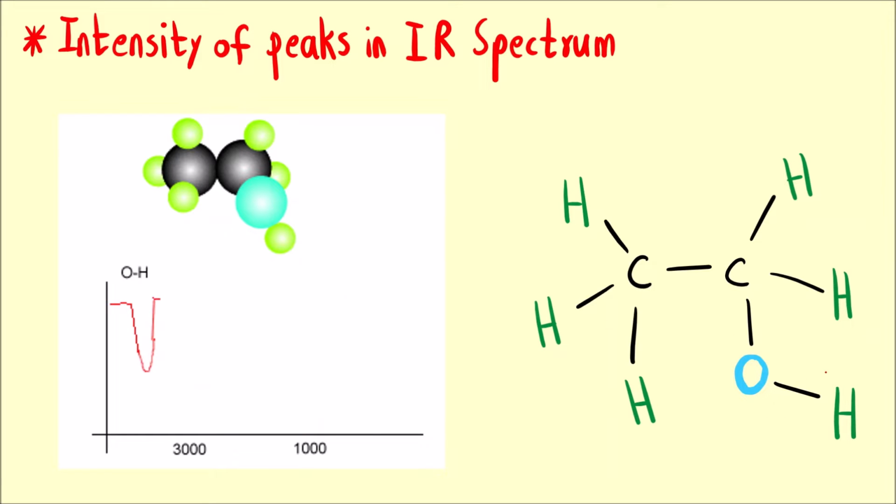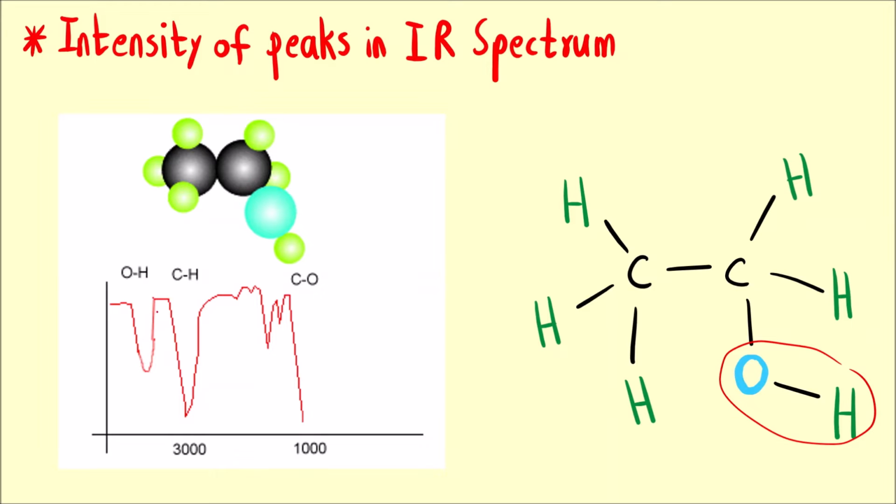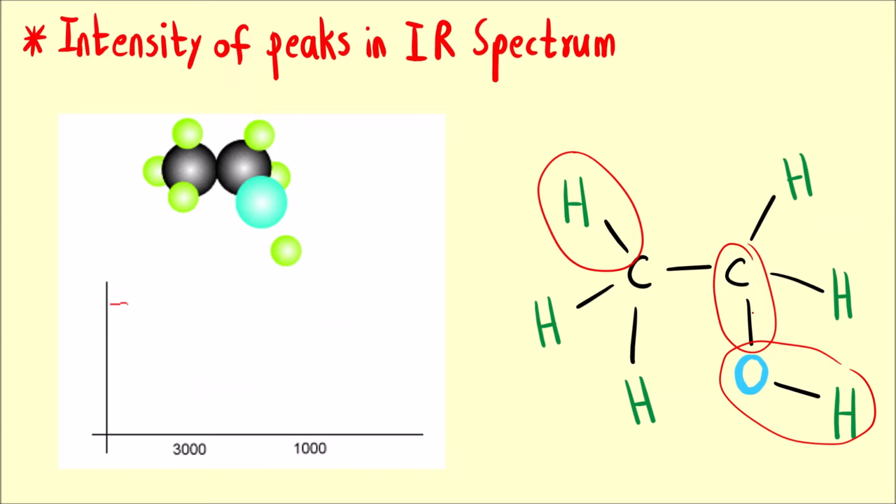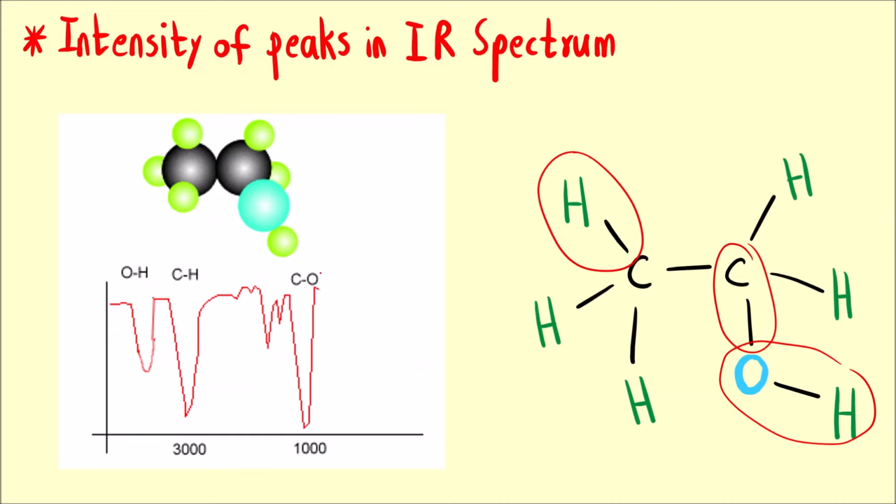As the OH bond vibrates, you can see we got a peak for OH. Then as the CH bond vibrates, we get the peak for CH. And then at the end the CO bond vibrates, we get the peak for CO. So this is OH, then CH, and then the carbon oxygen bond, and we get the peaks in the infrared spectrum, as you can see here.